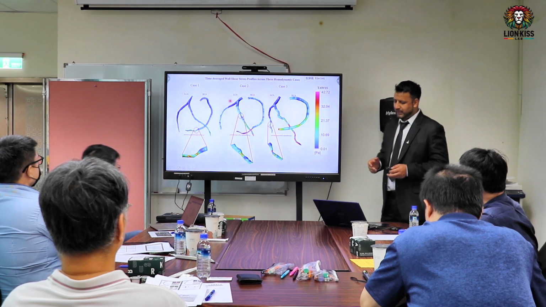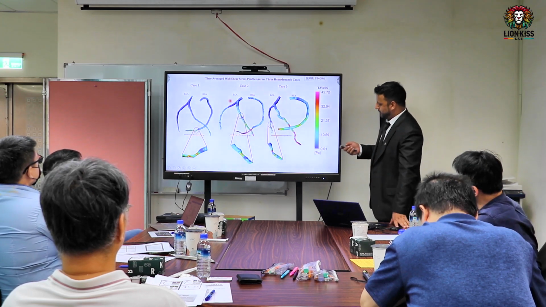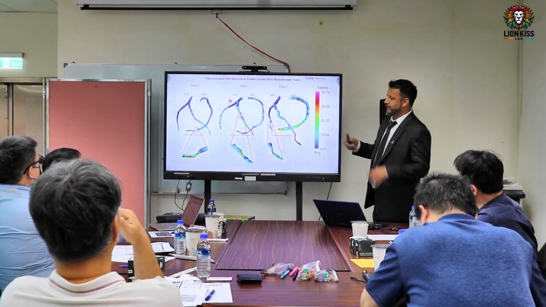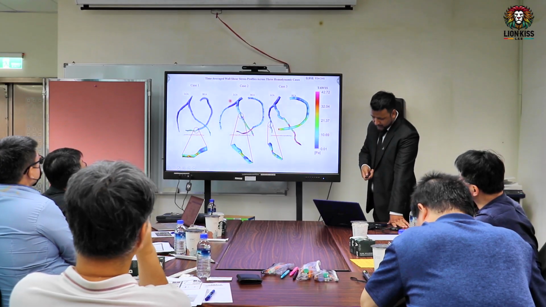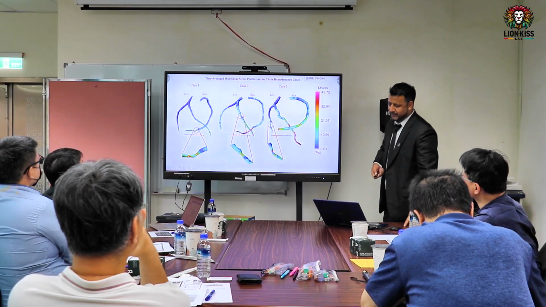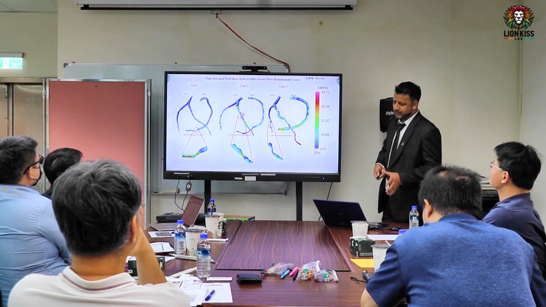After that, we have the time-averaged wall shear stress. Because time average is the average of the pulsatile flow, we don't have the pulsatile flow effect in this one. I show 3 cases with a high TAWSS at this location.